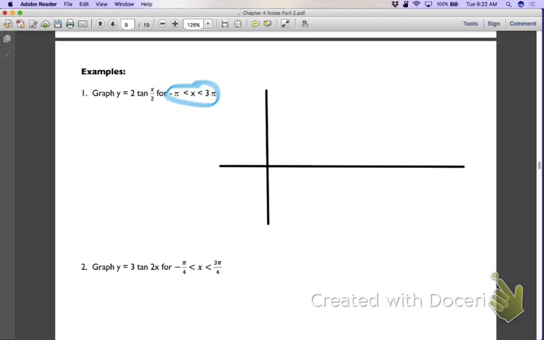Now, just like everything else, if I'm going to go from -π, I'm going to call that -π. I'm going to go ahead and have a reference point of -1/2 pi. And then everything else is going to go, so there's going to be pi, 2 pi, halfway again, and then 3 pi.